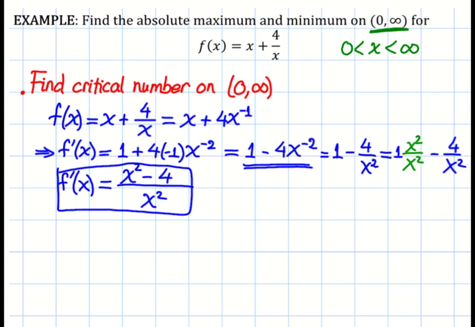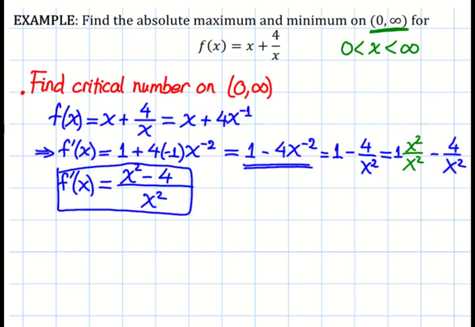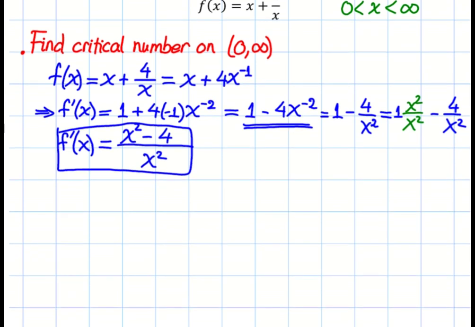Critical numbers, let me go back to the notes. A critical point or critical number is where the derivative is equal to 0 or the derivative does not exist. But it has to be in the domain of our problem. So what we do is we let the derivative equal to 0 or the derivative does not exist.